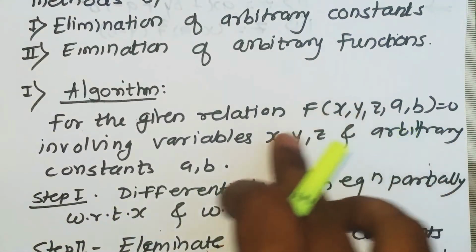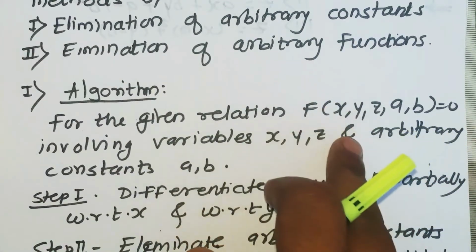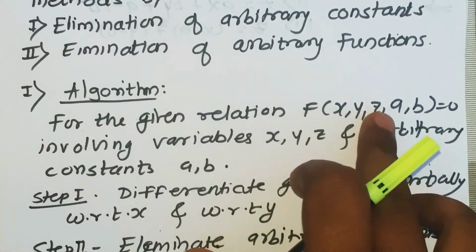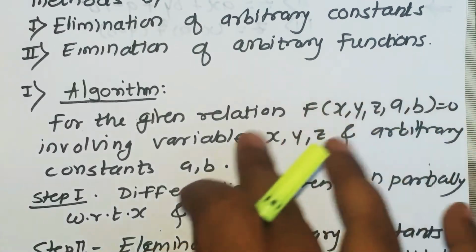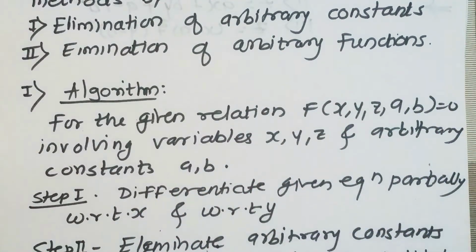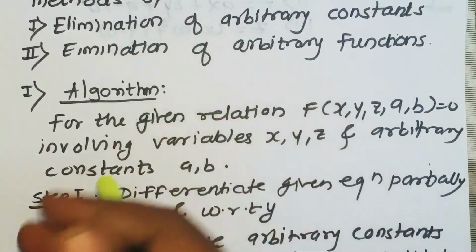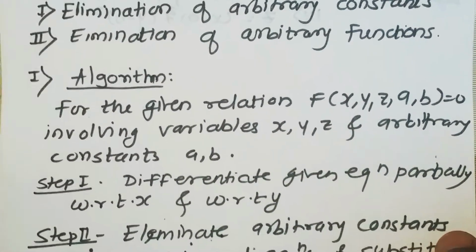Out of these three variables, one will be the dependent variable and the remaining two will be independent variables. Generally in problems we consider z as the dependent variable, x and y as independent variables, and a and b as the arbitrary constants. Instead of a and b, other notations like lambda, mu can be used for arbitrary constants.